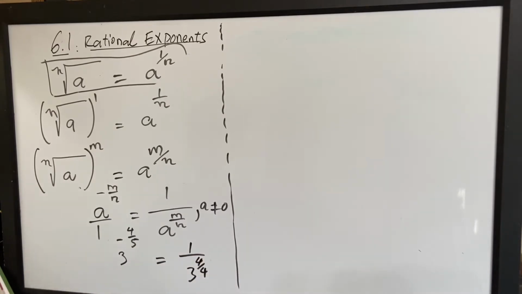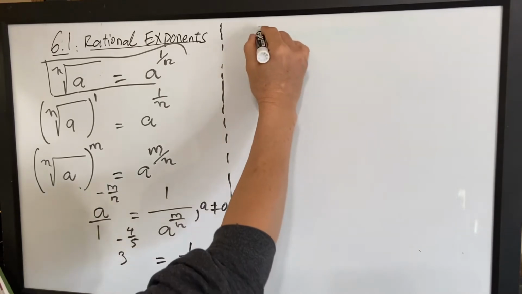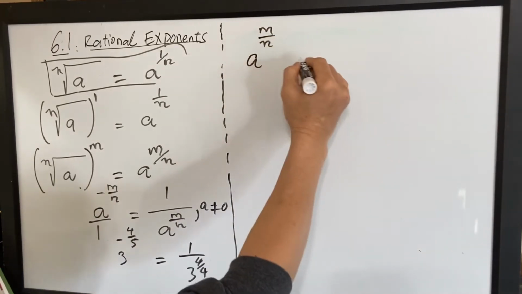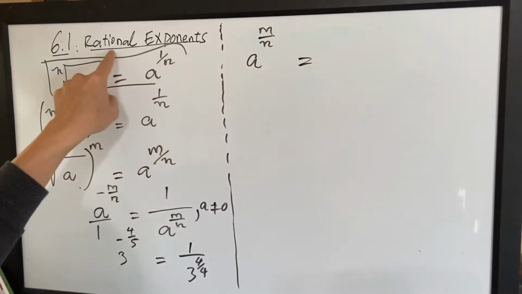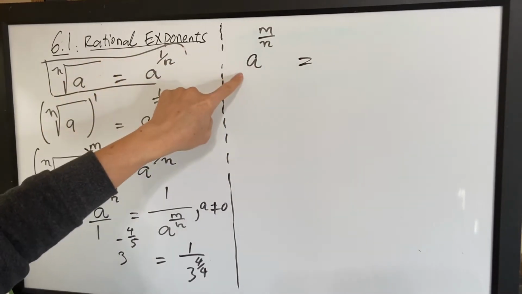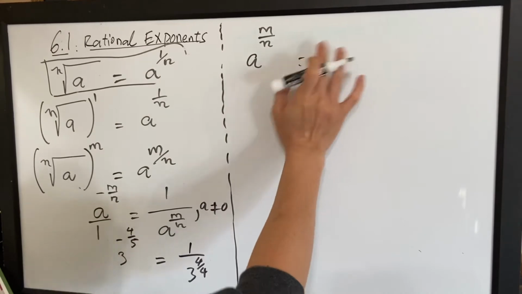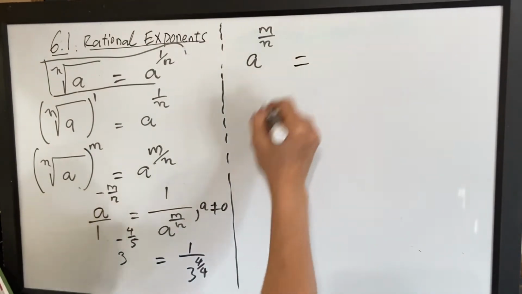And then you ask, Mr. Deng, what do you mean by A to the m over n? What does that equal? Here, look, you have rational exponents. How do I convert this into the radical form?